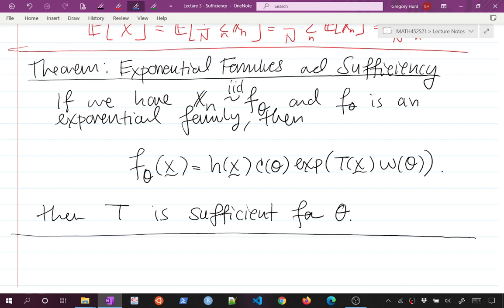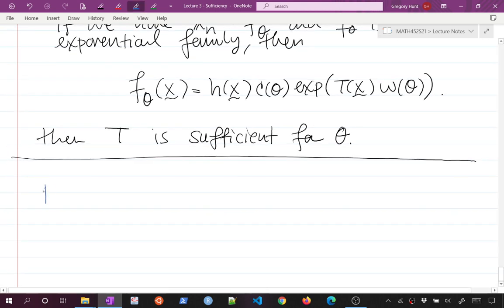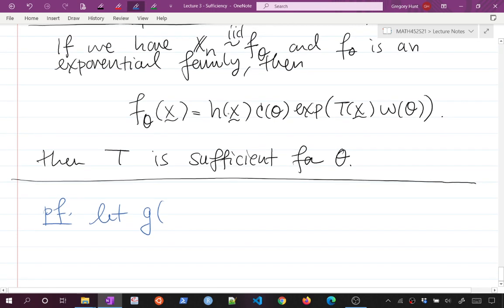So that's the theorem. And really not too hard to prove. Kind of just have to point at the form of the exponential family, right? All I have to do is tell you G, basically, H is already H according to the previous factorization theorem, the same H's, right?